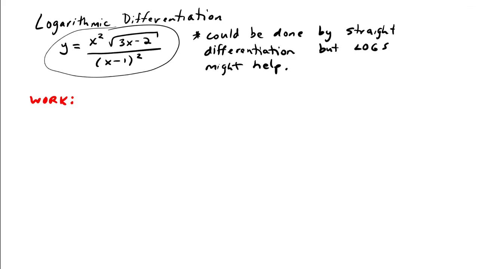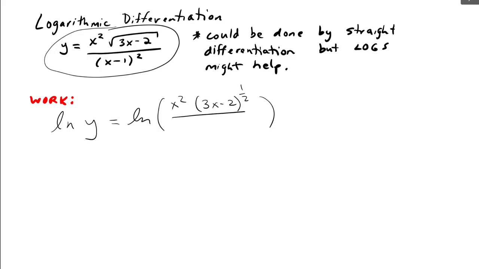What I'm actually going to do is take the logarithm, the natural logarithm in this case, of both sides. So if I do ln of y equal to ln of the right-hand side, and I'm going to change the notation here to a 1/2 power.